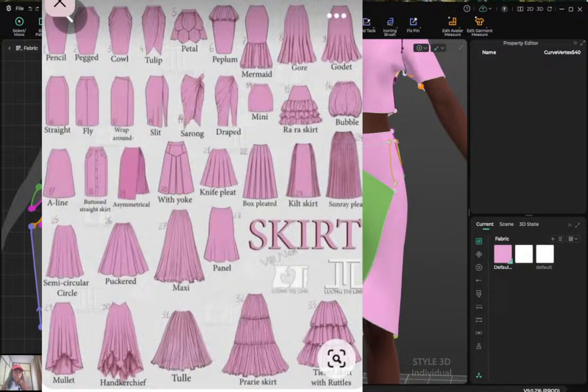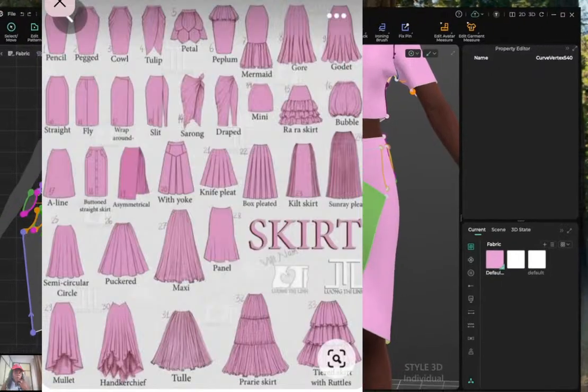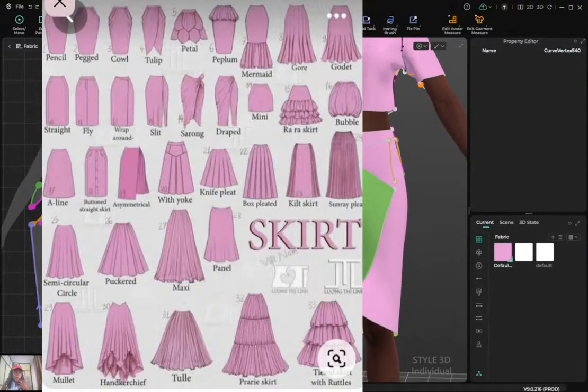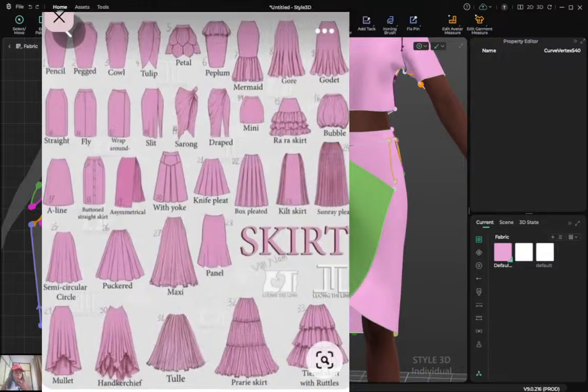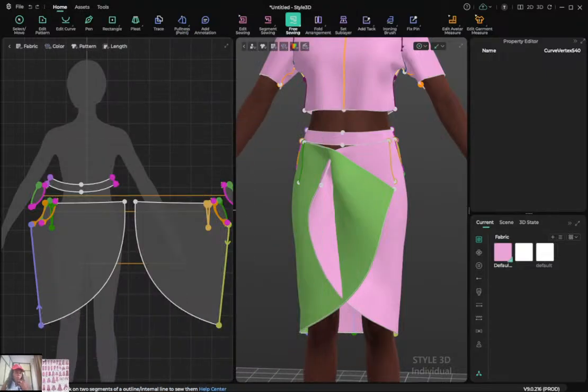We are doing number 4 now. It's some sort of wraparound. It's symmetrical, so now the sewing is what's going to be very technical, and then I will start sewing.